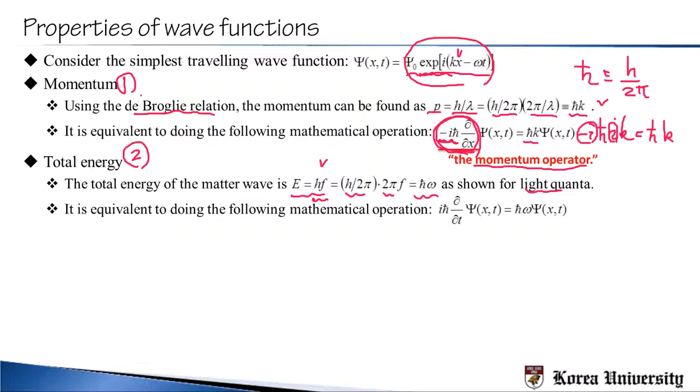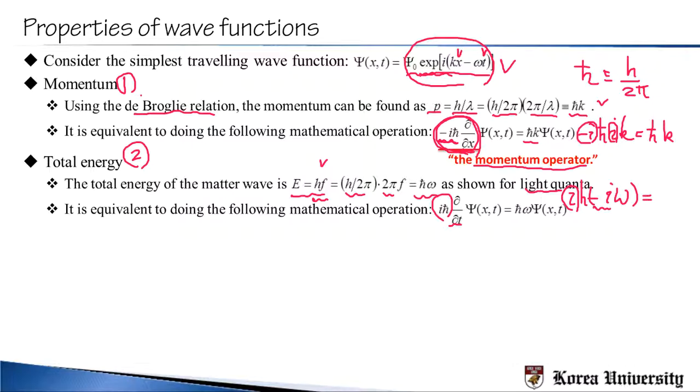Now, for the same wave function, let's perform a partial derivative with time. Anything in front of this time t will come out. So minus i omega will come out, and then here you have i h bar. Again, you have this i and minus i, so it will become 1.